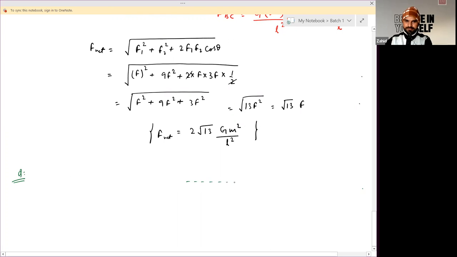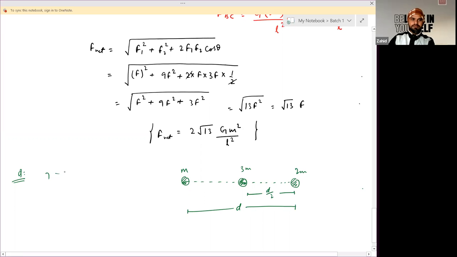Suppose you have M. Find the net gravitational force on 3m.